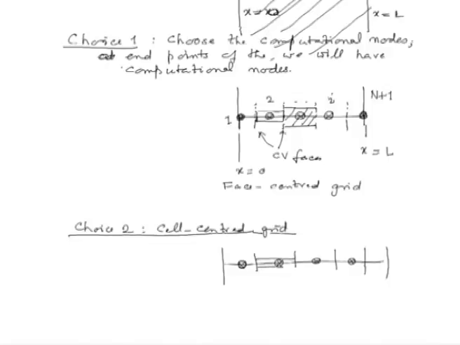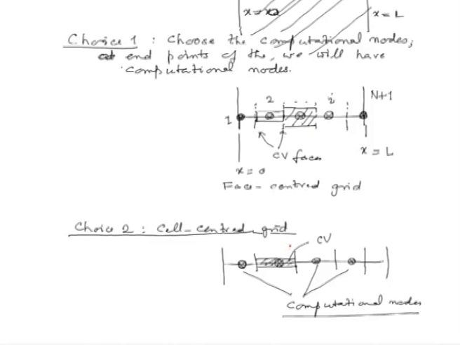So, we first chose our CVs, and this hatched portion was our CV, and these are our computational nodes.